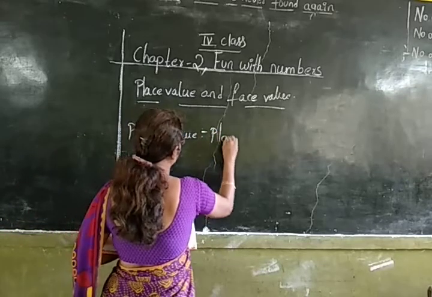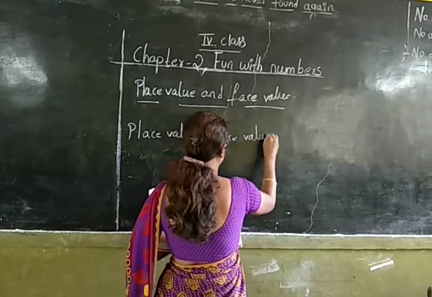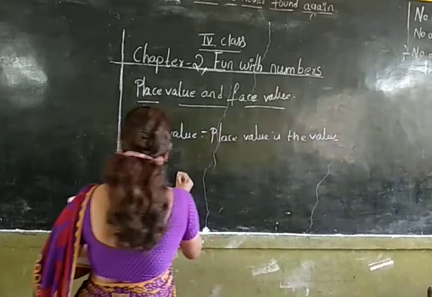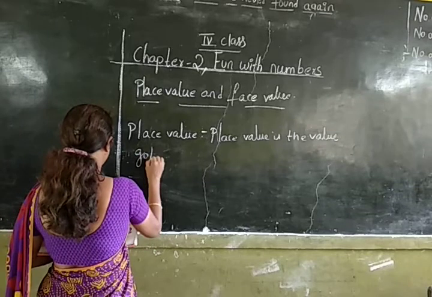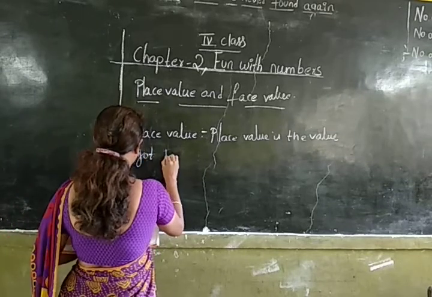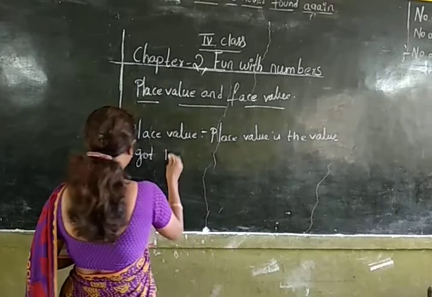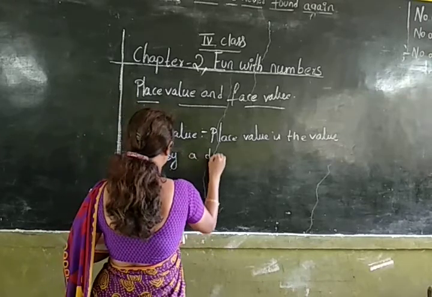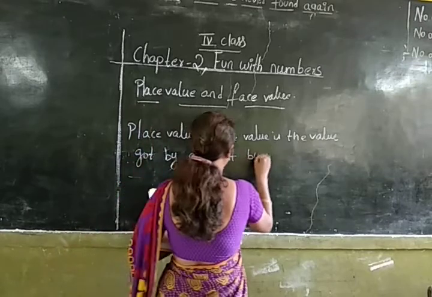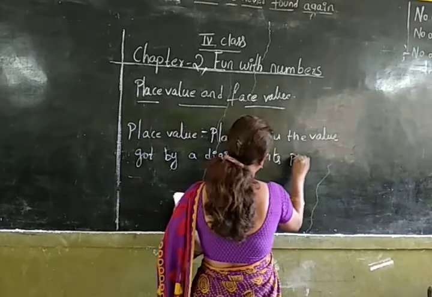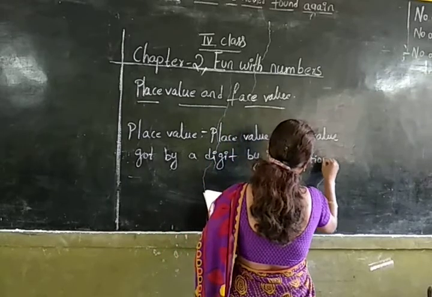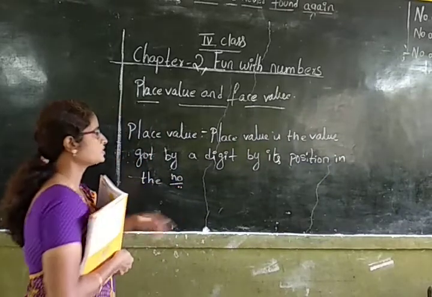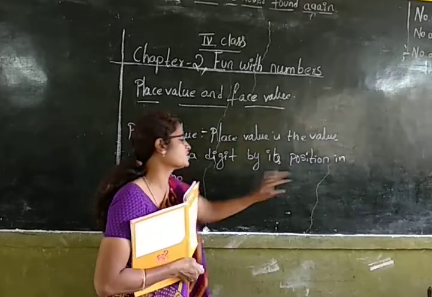Place value is the value got by a digit by its position in the number.